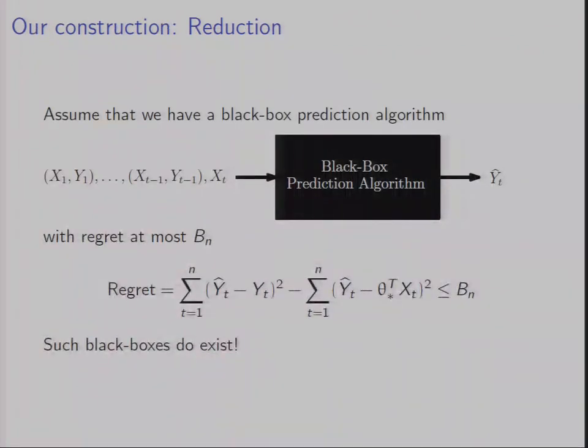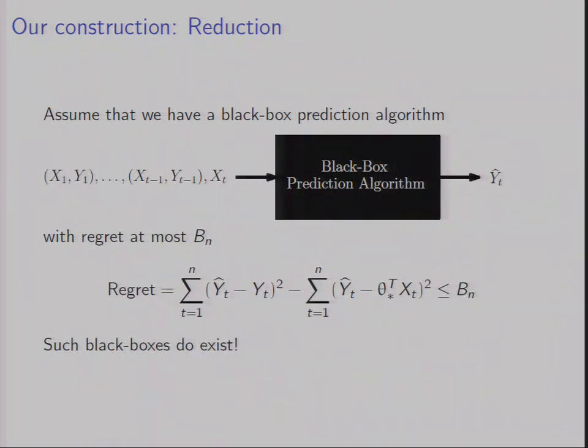All right. And so basically our construction uses a reduction to online prediction problems. What we assume here is that we have a black box that you could feed pairs x, y, and then your current xt, and it will spit out its estimate of yt, which we call y hat t.